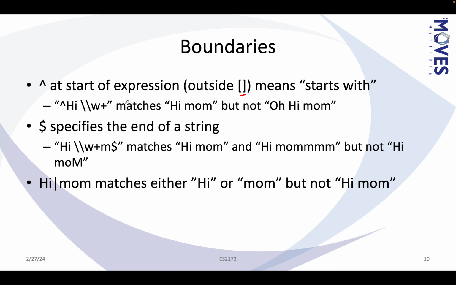So if I say up arrow hi and then a space, and then one or more words, where a word character would be a letter, number, or underscore, that would match this because it starts with hi and then that, but it does not match this because this doesn't start with the hi thing.